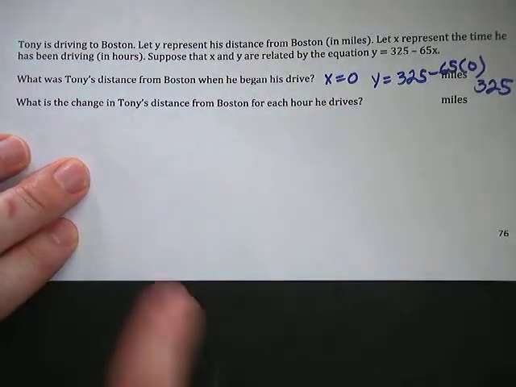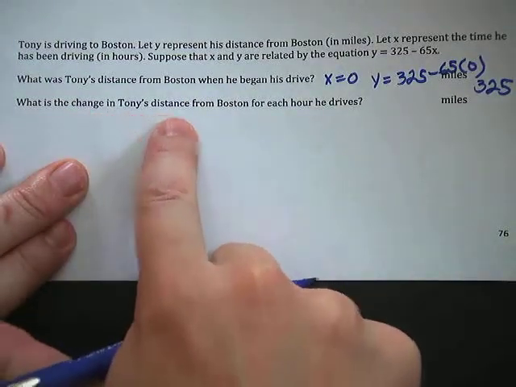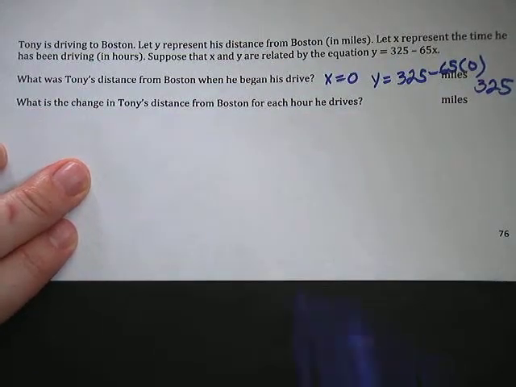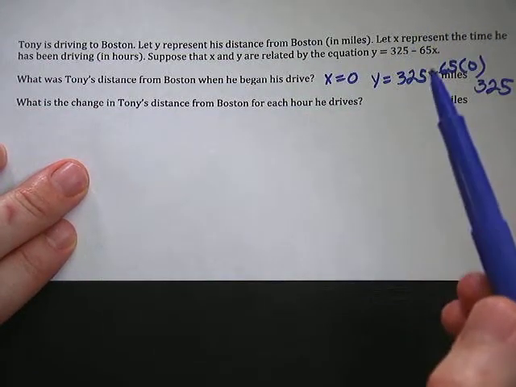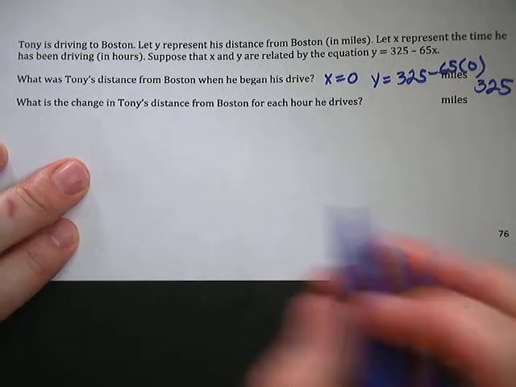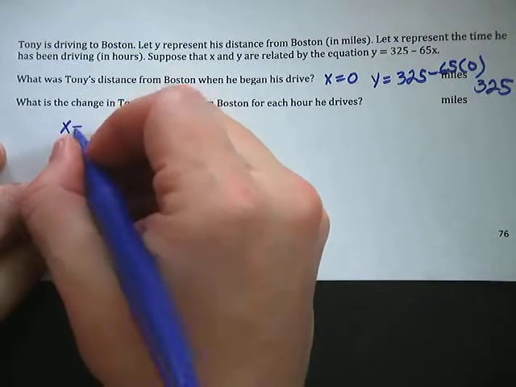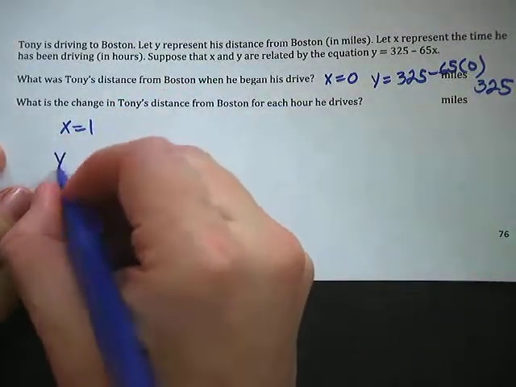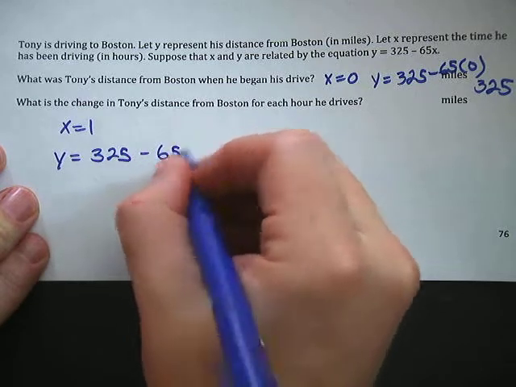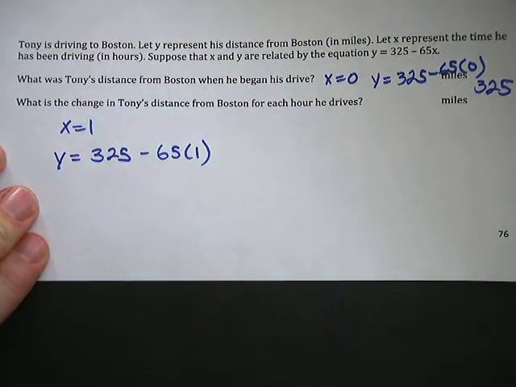What is the change in Tony's distance from Boston for each hour he drives? From the two previous examples, it's this number in front of x, which is negative 65. But we can just plug in x equals 1 to confirm. So we get y is equal to 325 minus 65 times 1. That will give us 260.